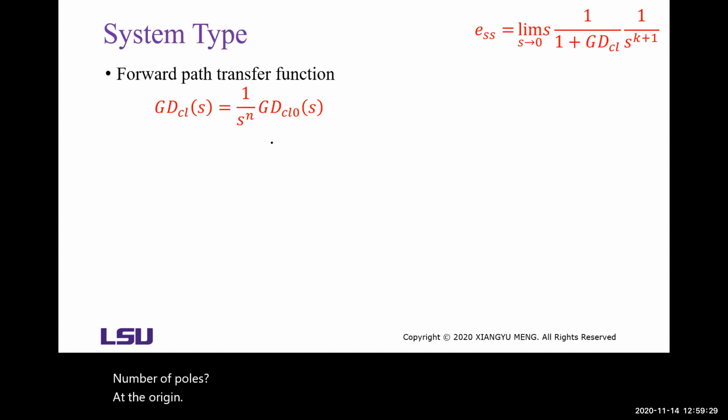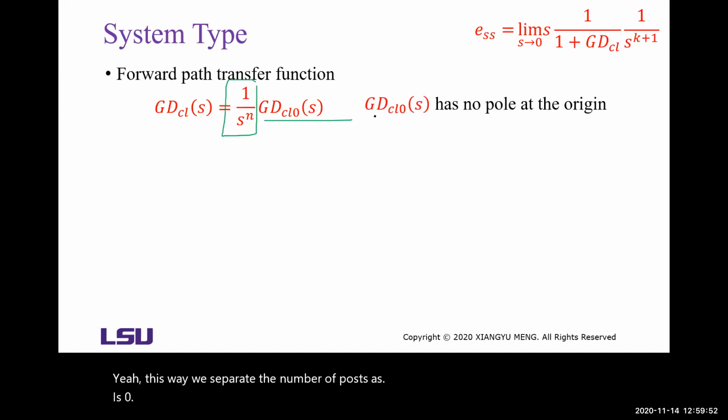Now let's write the forward path transfer function in this way. We separate the poles at s equals 0. Then this part, G D closed-loop 0, has no pole at the origin.